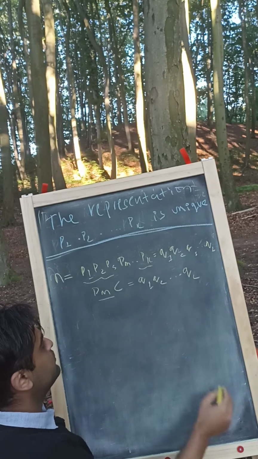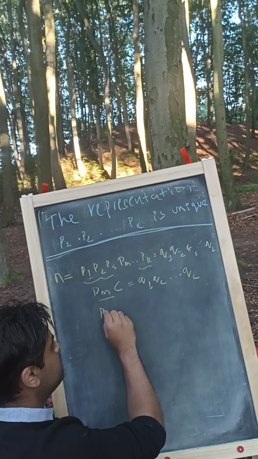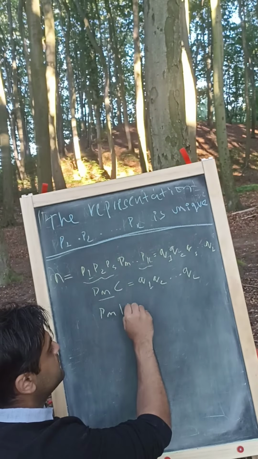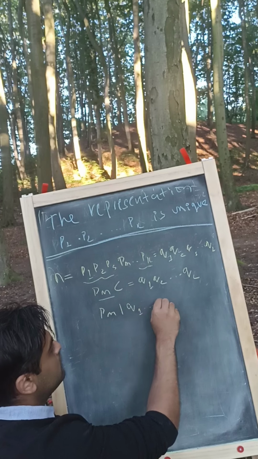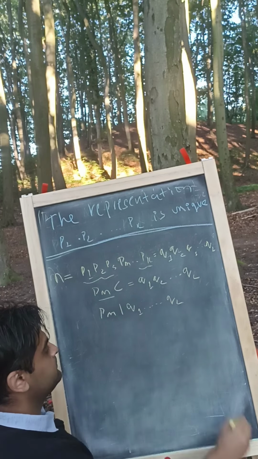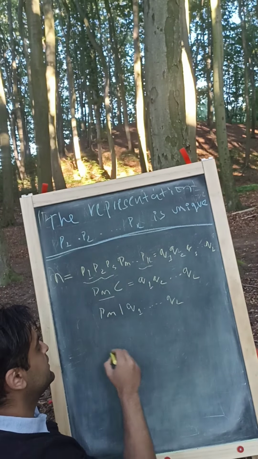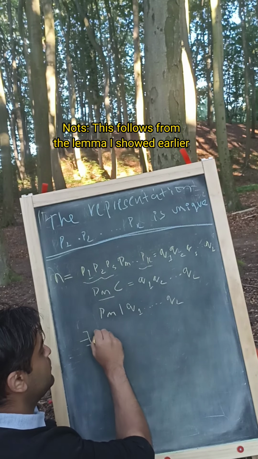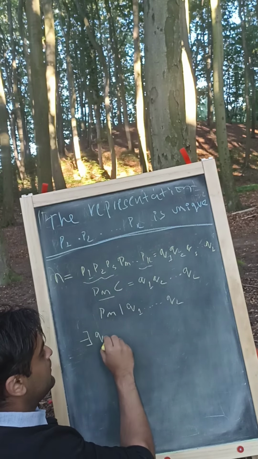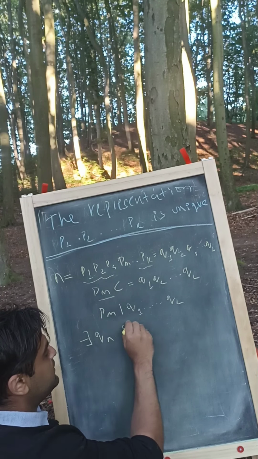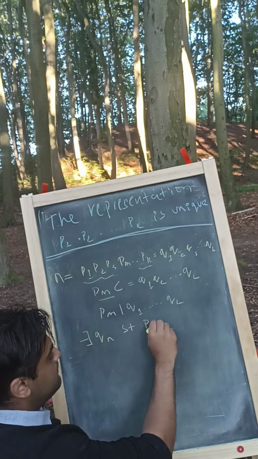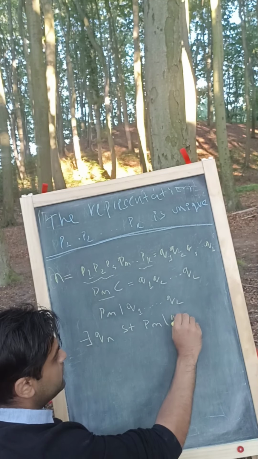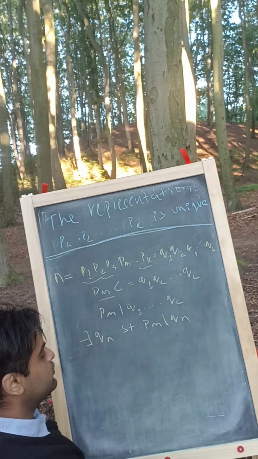But that would imply that Pm divides Q1 up till Ql. But by our earlier lemma, we know now that there exists some Q, let's call it Qn, such that Pm divides Qn.